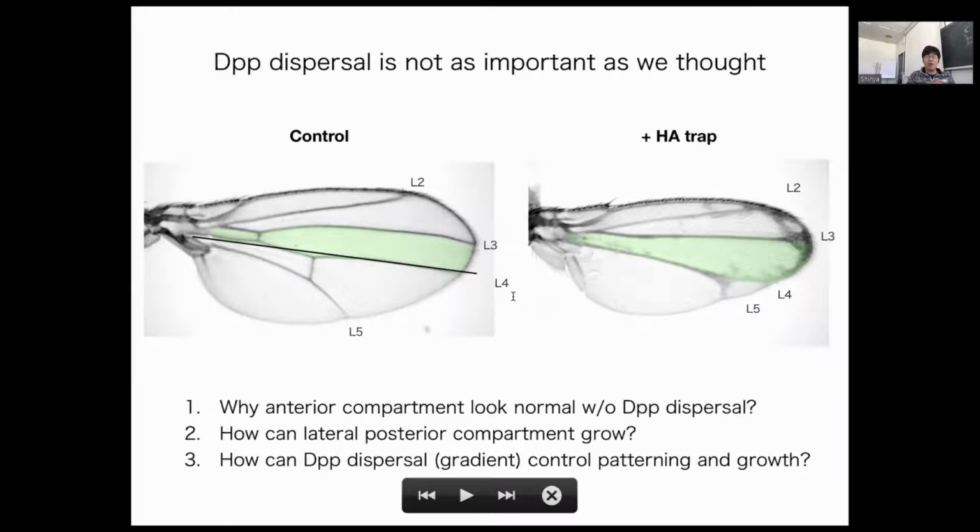So we have to think about the importance of this gradient in the entire field. But now we have to narrow down our question here. If we want to ask the importance of dispersal, we have to ask how dispersal is important here. Because if we block dispersal, the phenotype is seen only in this part.